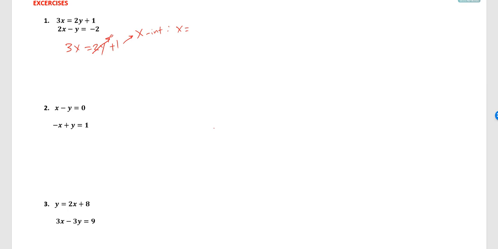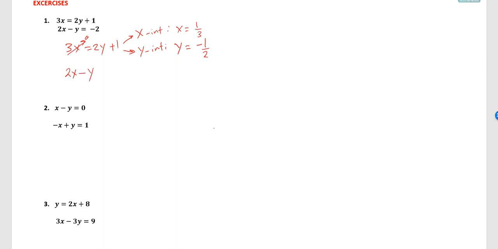So 3x equals 1, so the x-intercept is 1/3. For the y-intercept, we set x equal to 0, so this becomes 0. So 2y plus 1 equals 0, so y equals minus 1/2.